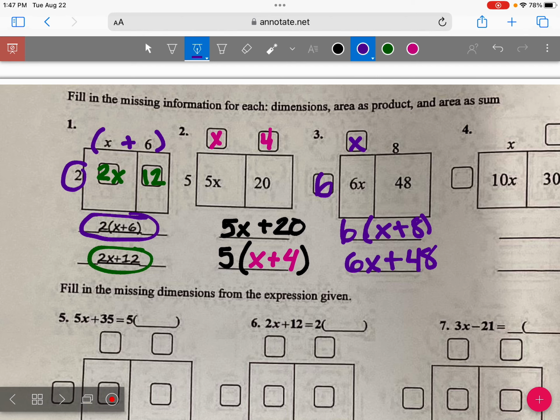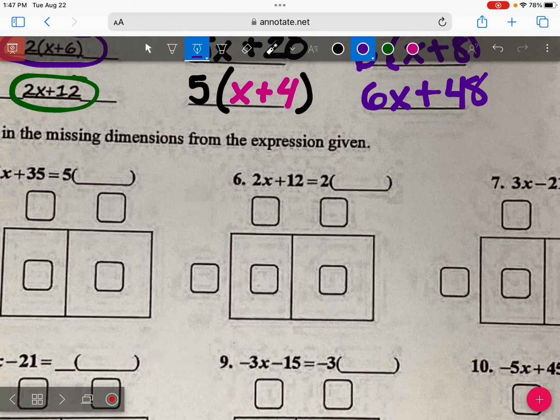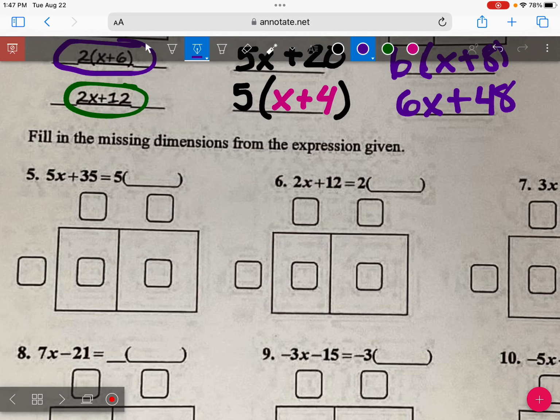So we're writing these in a few different ways. Further down the page, they're going to give us less and less information. So here, they're expecting us to figure out where they go. You don't necessarily have to use the boxes, but they help us see things.